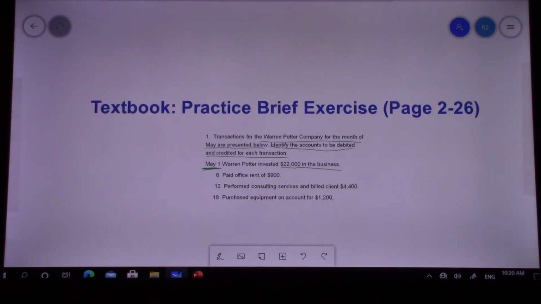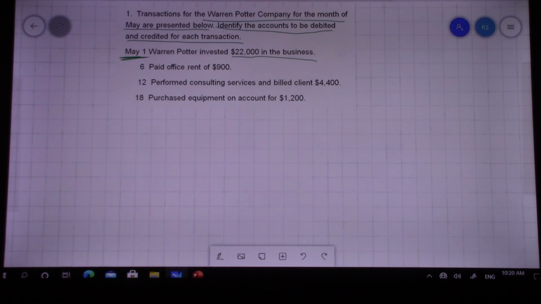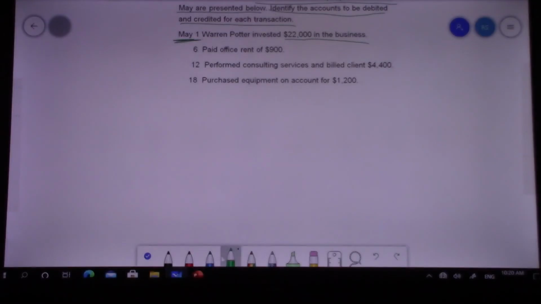In this case, we are required to state the debit and the credit account. Investment will increase cash, and cash is an asset.